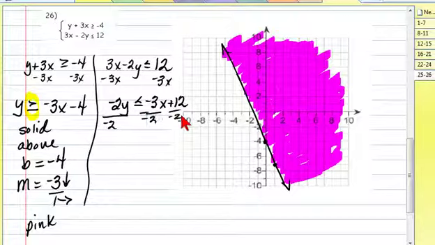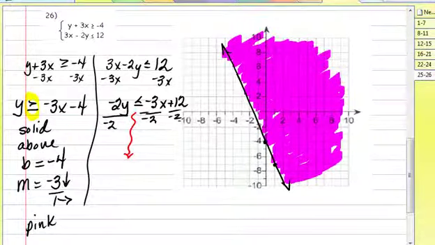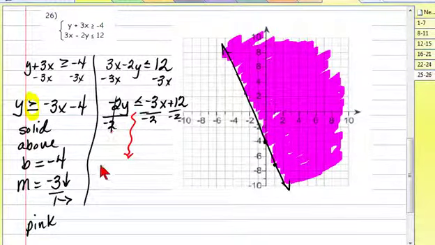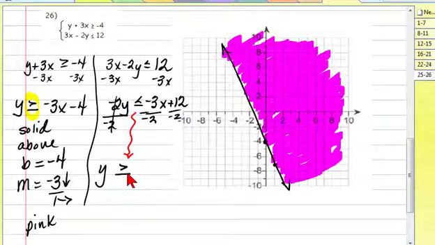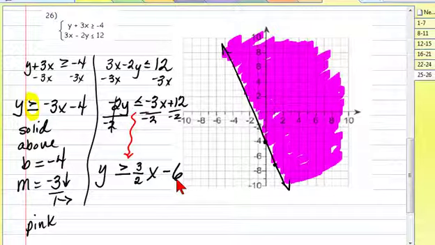What happens to an inequality when you divide by a negative? The symbol flips. So these are going to divide out, and I'm going to have a y. This is going to become a greater than or equal to -3 divided by -2. Negative over negative is positive, 3/2 x. And 12 divided by -2 is -6.